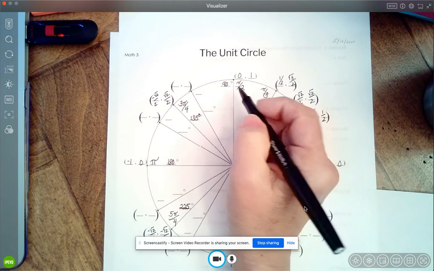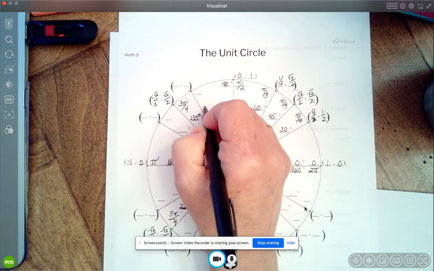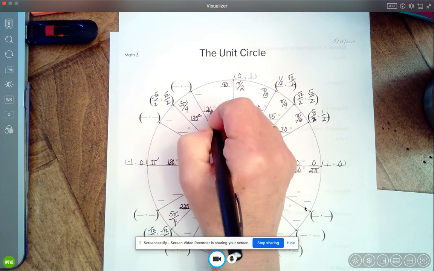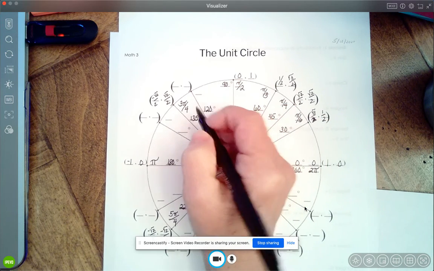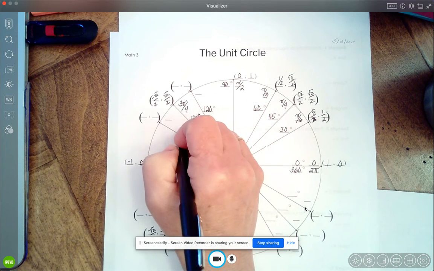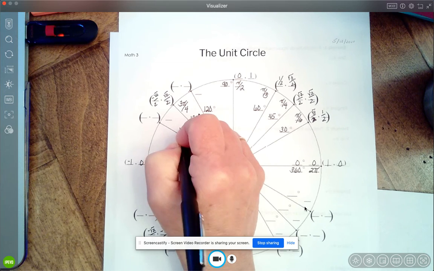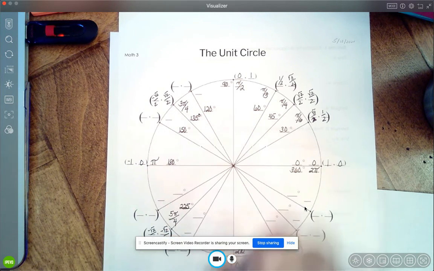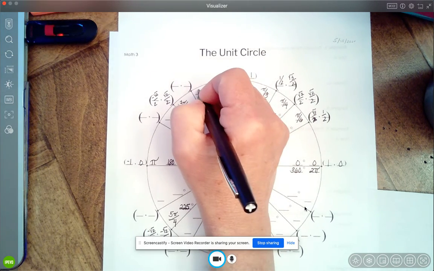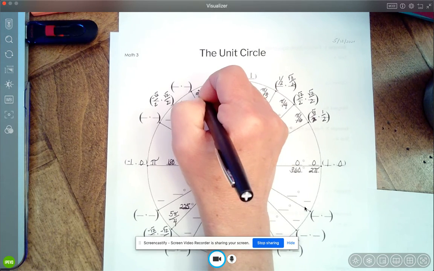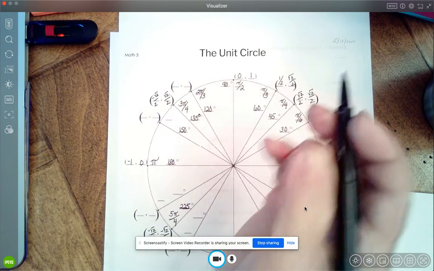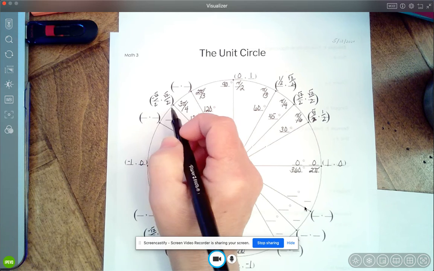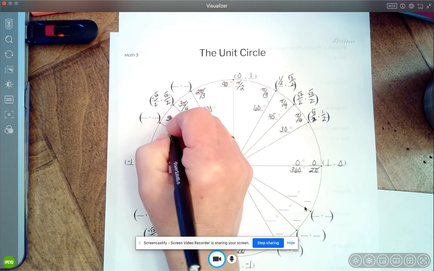So right here, this is going to be 120 degrees, and this right here is going to be 150 degrees. So over here, I'm going to have 2 pi over 3. And right here, I'm going to have 5 pi over 6.